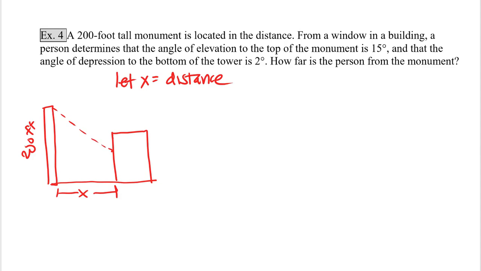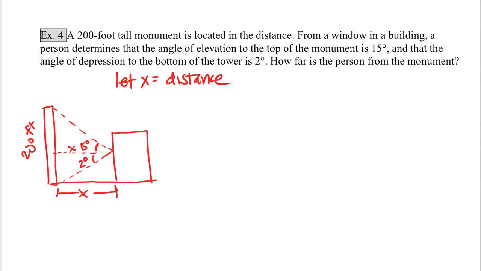And they say that the angle of elevation is 15 degrees. So I'm going to draw a horizontal segment, which is also x units long, and the angle of elevation has to be made with the horizontal, so this is 15 degrees. Now they also say that the angle of depression to the bottom of the tower is 2 degrees. Alright, I didn't do a very good job of drawing this to scale, but this would be the angle of depression.